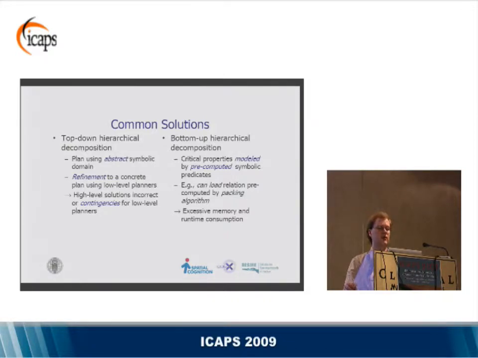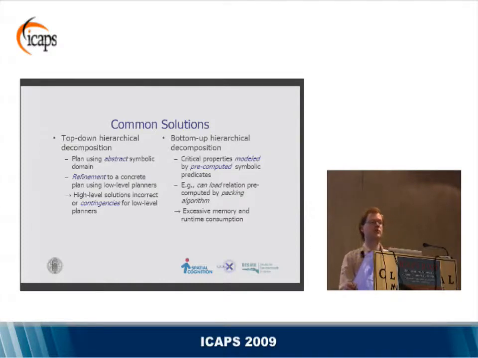The problem is when this abstraction doesn't model the whole domain, then you might get plans that are not executable anymore. So for example, this transport problem with the cubes that don't fit. A solution to that might be to handle a lot of contingencies in the low-level planners, but this still might not work out.